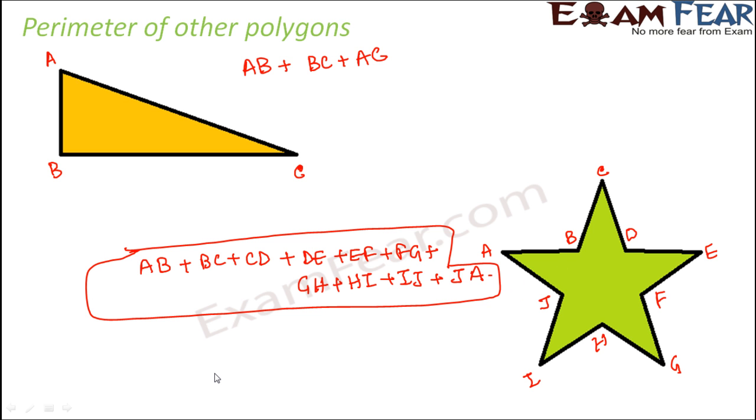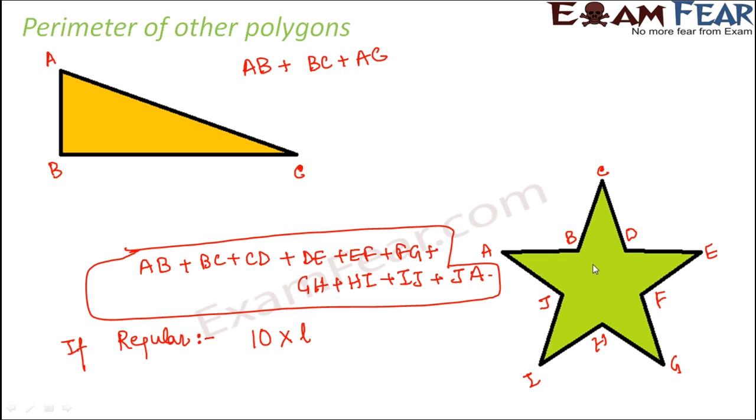There are 10 sides, right? So here we have not mentioned if this is a regular star. That means we have not mentioned if the measurement of each side is equal. If it is regular, that means if all the sides are of equal length, in that case the perimeter would be 10 into L, where L is the length of each side.